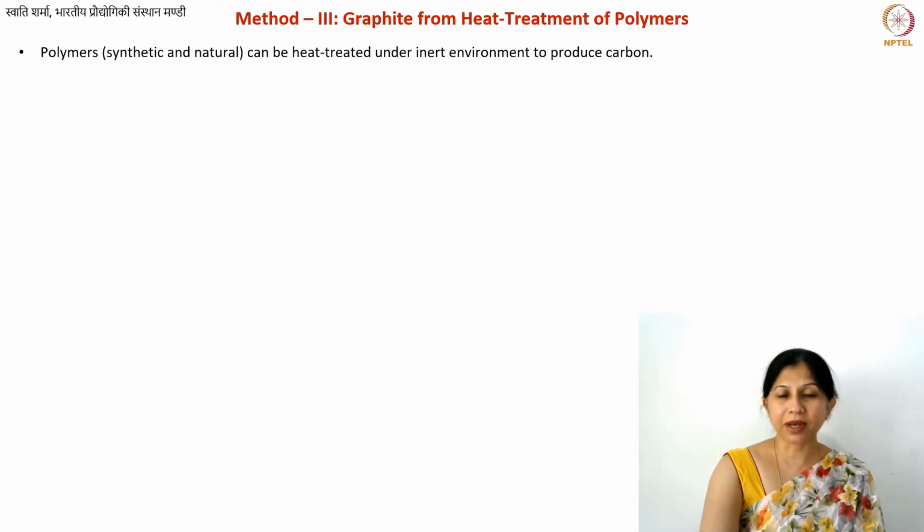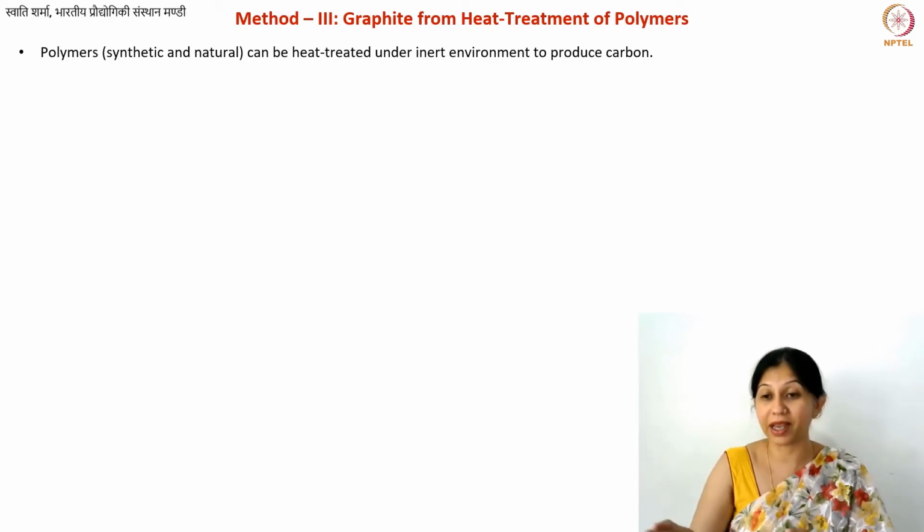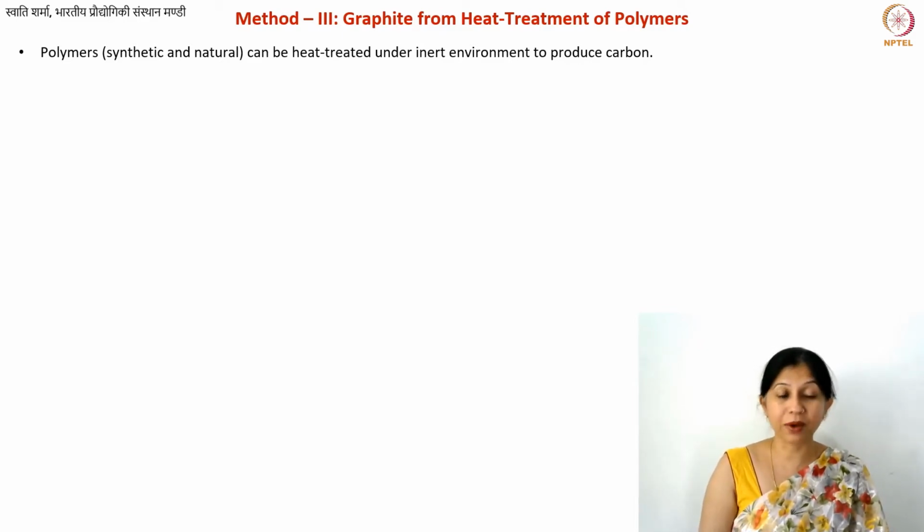At some point I must have mentioned to you that, interestingly, when people were trying to prepare graphite from polymers, they ended up making other types of carbons. In the 1940s and 50s, graphite became very important for, for example, nuclear reactor applications and batteries.